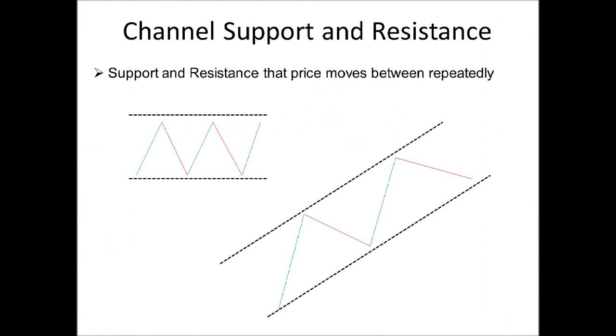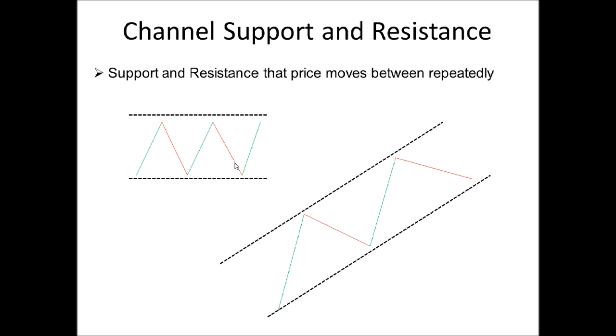Let's now look at channel support and resistance. Channel support and resistance is a concept when price moves repeatedly between a support and resistance area. If you're familiar with a ranging market, this is a type of channel support and resistance where price is bouncing continually off a support and resistance area.